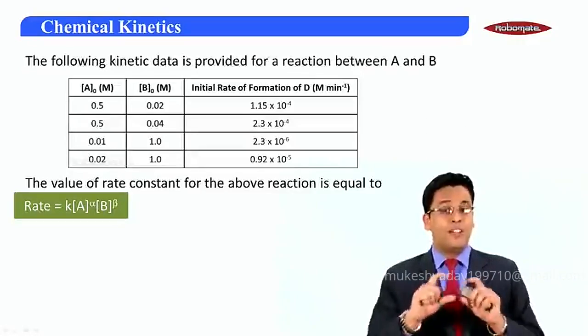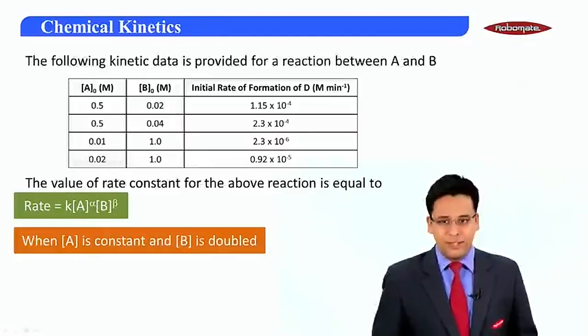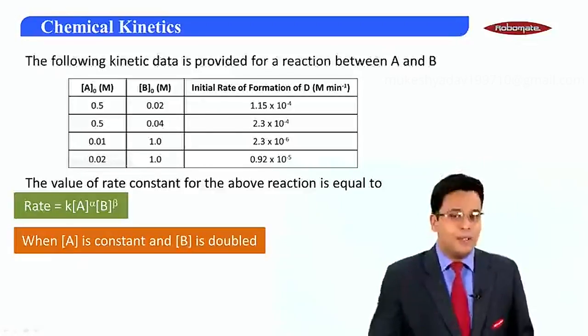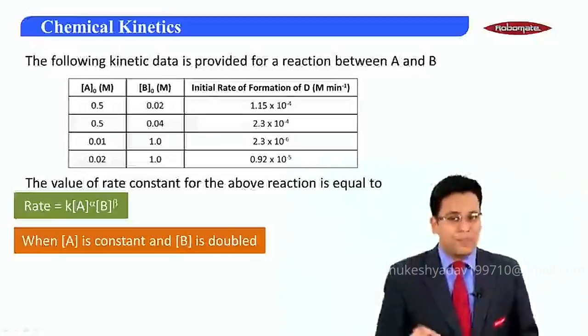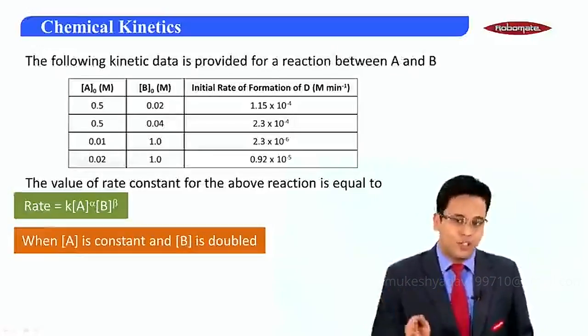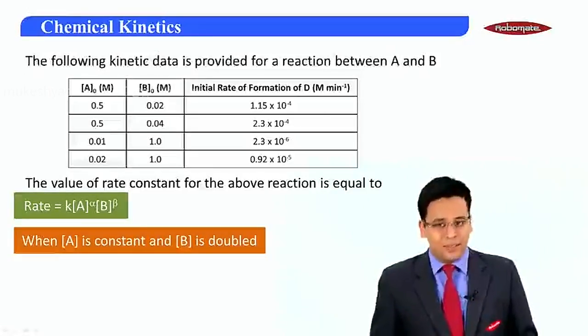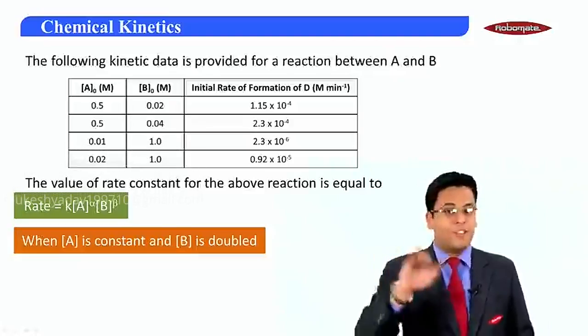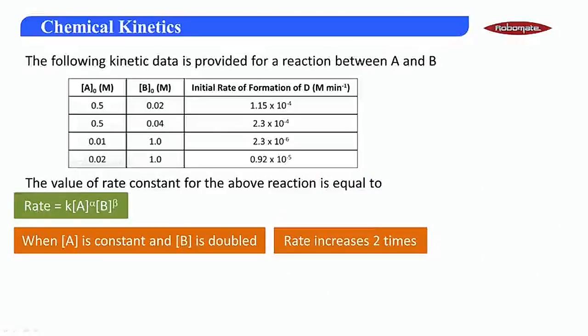If you observe the table well enough, you will see that in the first two rows, A concentration is constant and B is being doubled. In that case, you can see that the rate increases by 2 times, from 1.15 into 10 raised to minus 4 to 2.3 into 10 raised to minus 4.